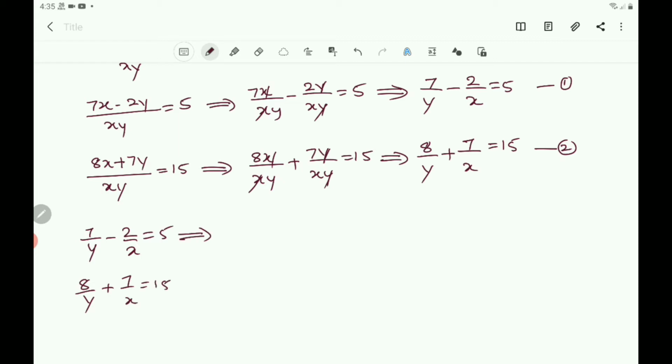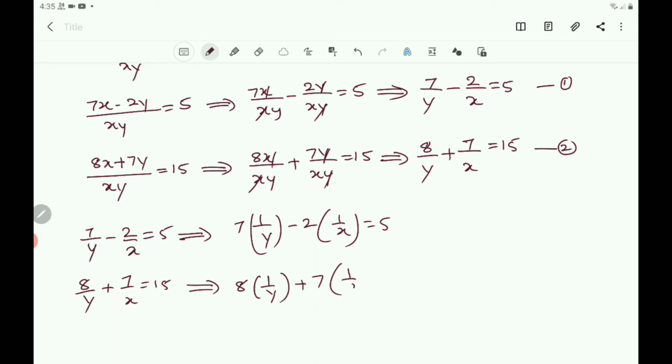Now you write it as 7 into 1 by y minus 2 into 1 by x equals 5. The second one becomes 8 into 1 by y plus 7 into 1 by x equals 15.